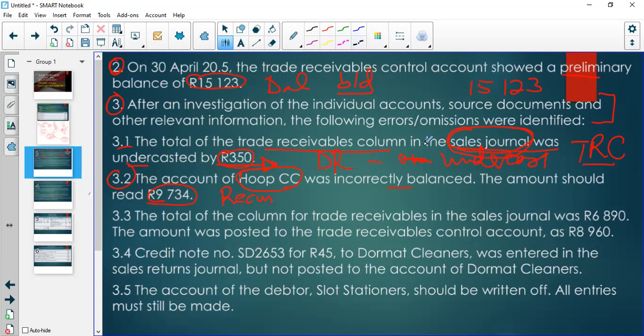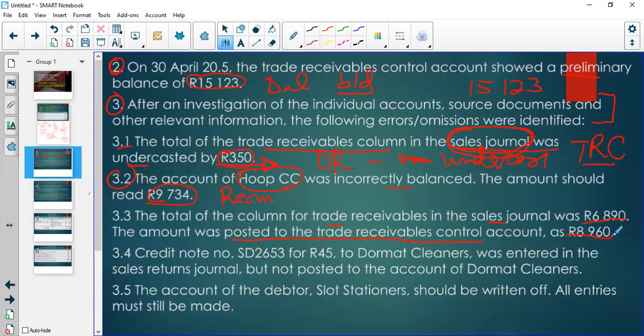The mistake was not made in the sales journal or the sales returns journal or the general journal or the totals that we used to post to the trade receivables control. So the total of this column in the sales journal was 6890.